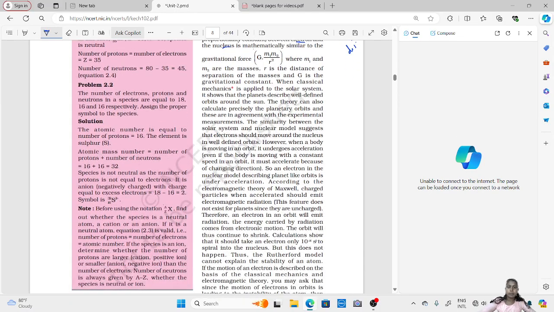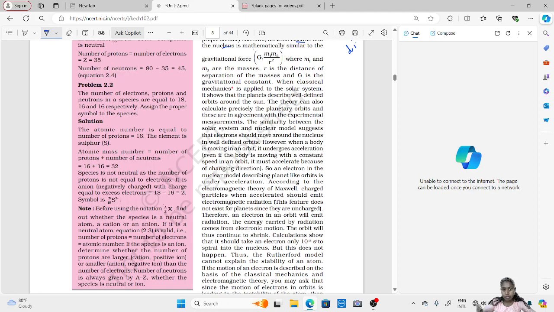When classical mechanics is applied to the solar system, it shows that the planets describe well-defined orbits around the sun. The theory can also calculate the planetary orbits precisely, and these are in agreement with the experimental measurements.